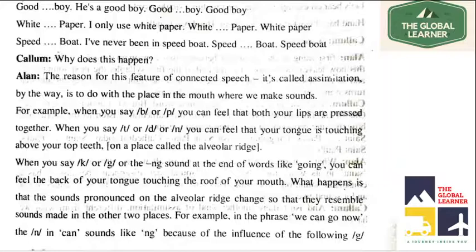So the preceding sound starts to resemble the following sound, simply because of the speed at which our tongue and our lips are moving. So our brains and our mouths are thinking ahead of what we're actually saying. That's correct. Okay. Now we have some more examples here showing different things, and I think in this example we can hear how one word can be pronounced in a few different ways.